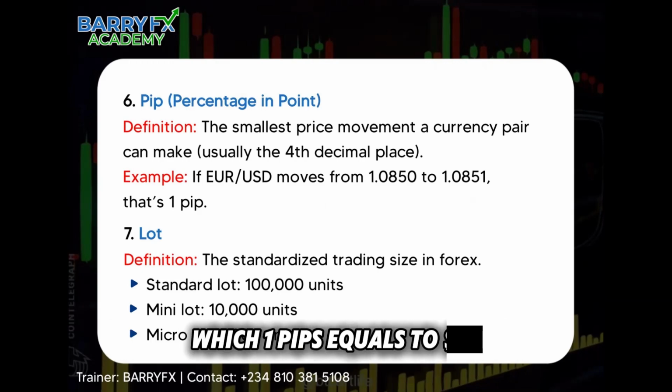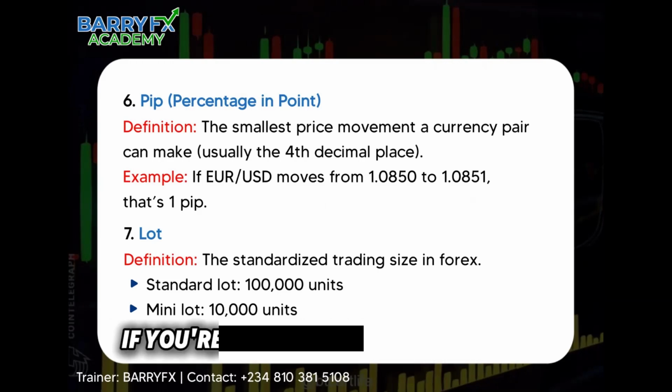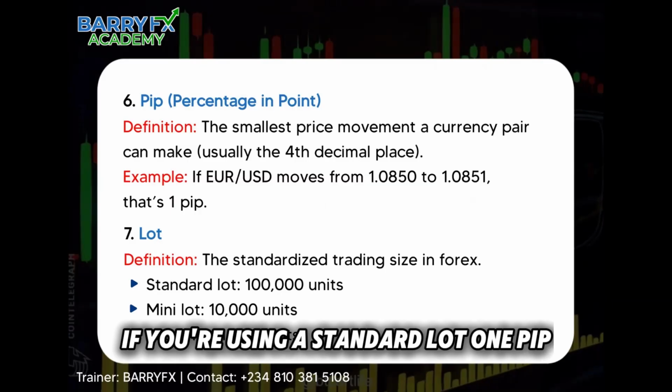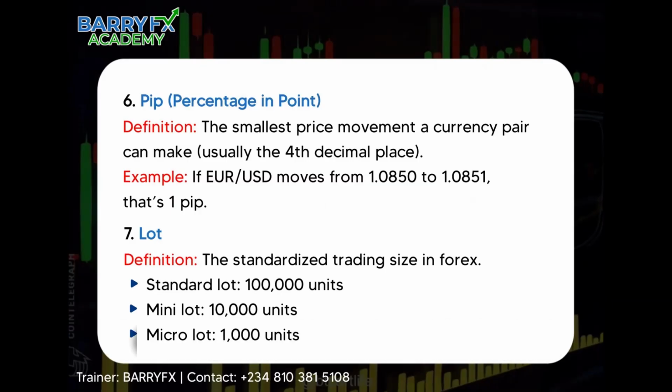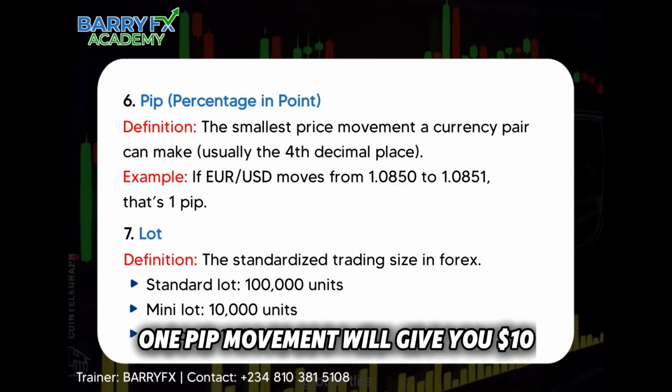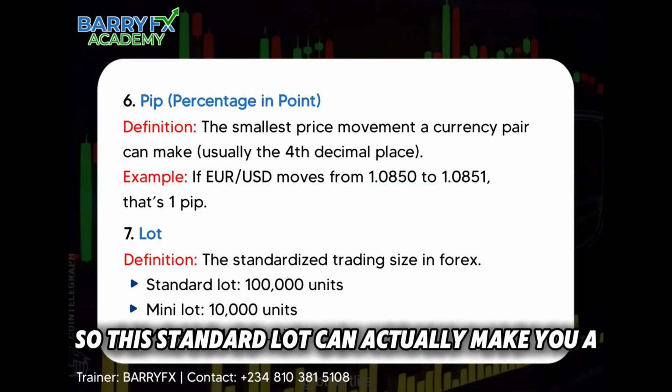A standard lot equals 100,000 units of the base currency, where 1 pip equals $10. If you're using a standard lot, just 1 pip movement will give you $10. So this standard lot can actually make you a lot of money.